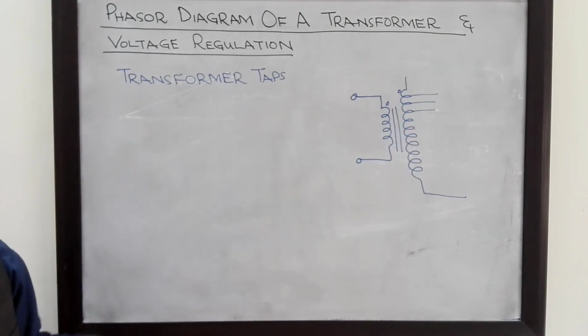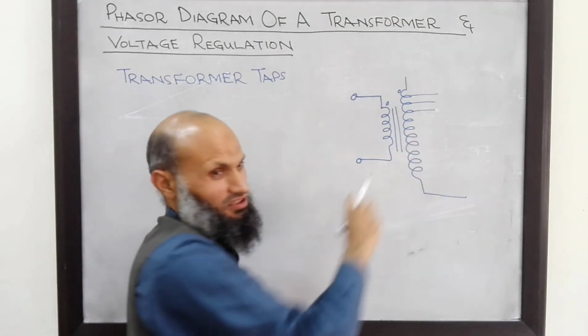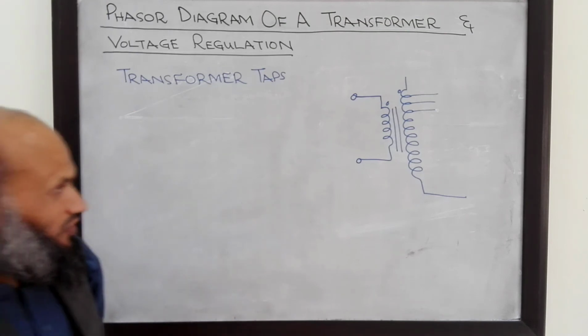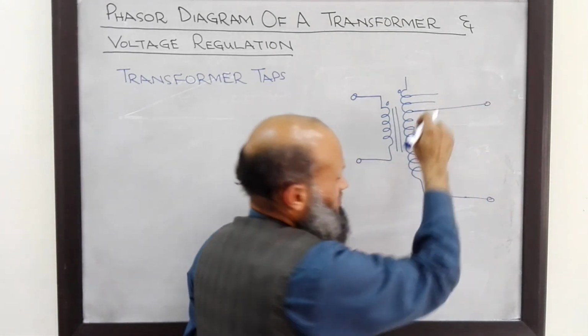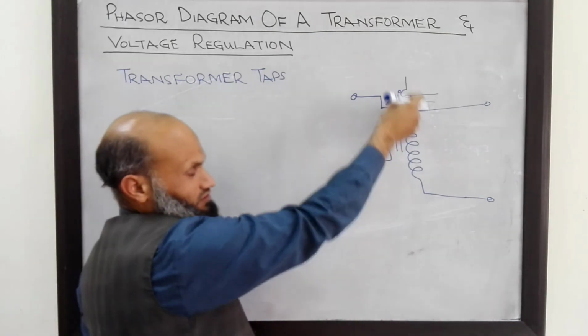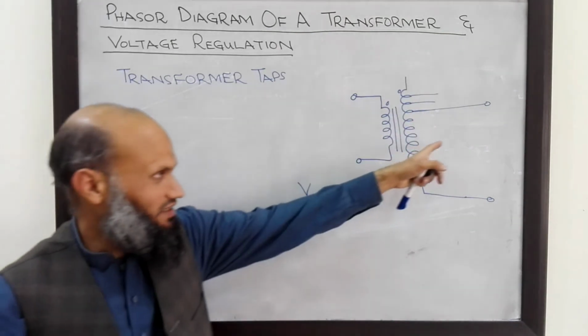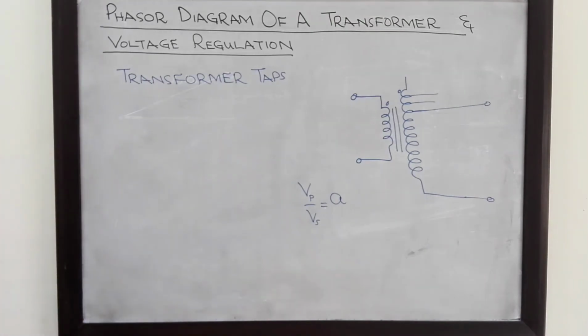This is done online, and therefore variation in the secondary voltage is avoided by changing the position of the tap. The effective number of turns can be changed, and hence the secondary voltage is kept constant.